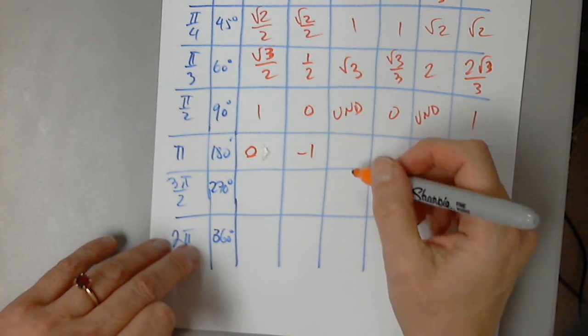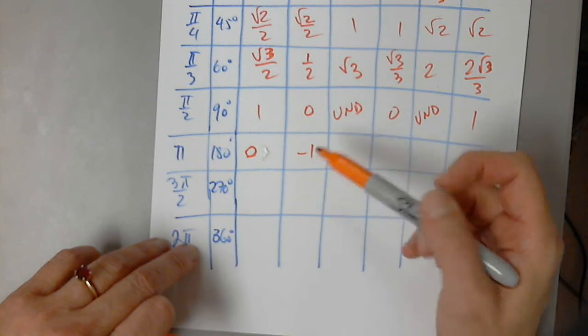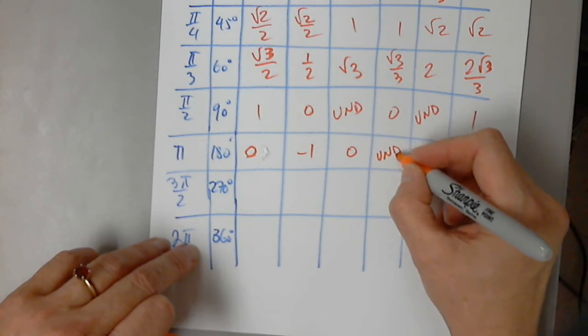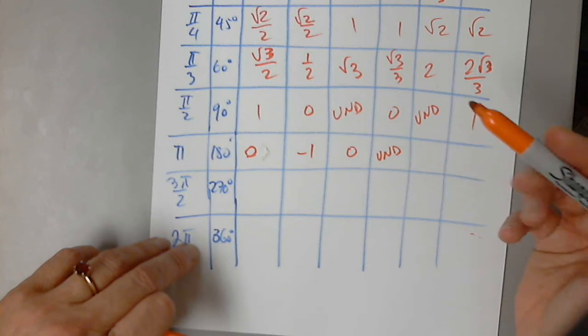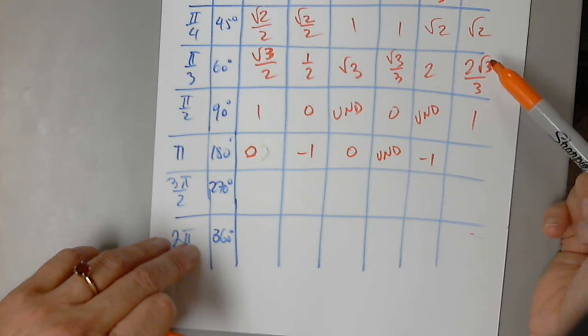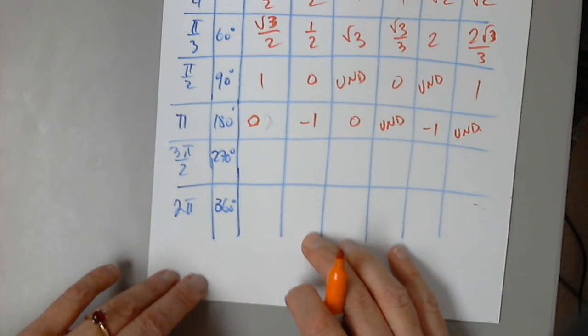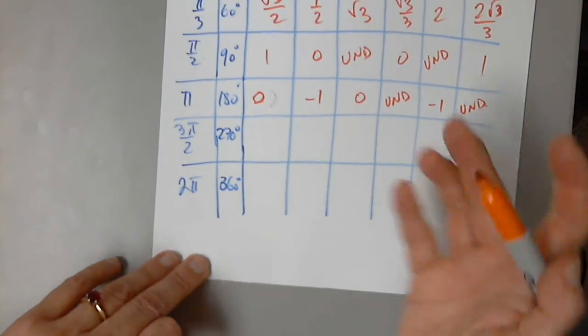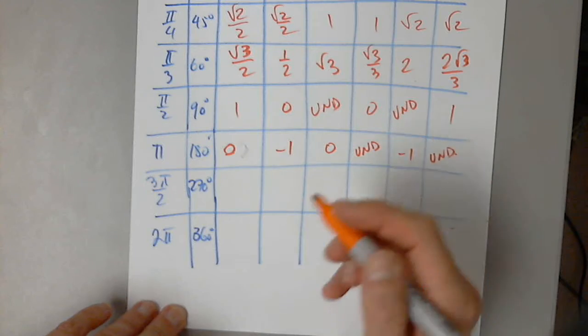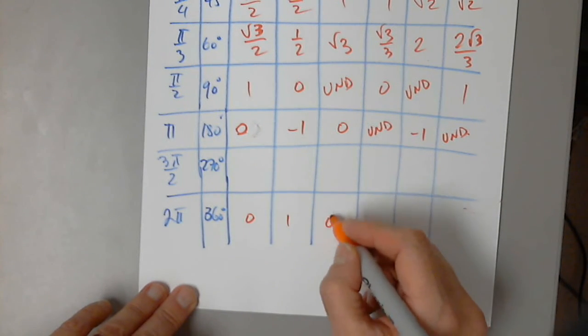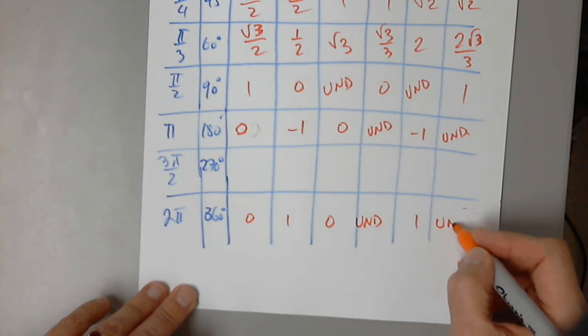So then everything here is reversed. So it's 0 over this, which is 0. This is undefined. Secant is 1 over cosine, which is negative 1. And cosecant is 1 over sine, which is undefined. For 2 pi, I'm going to copy the same thing from the top. It's the same as 0. So it's 0, 1, 0, undefined, 1, undefined.